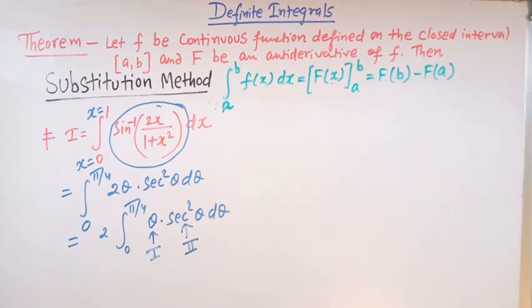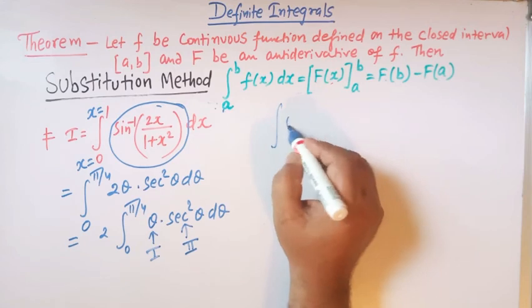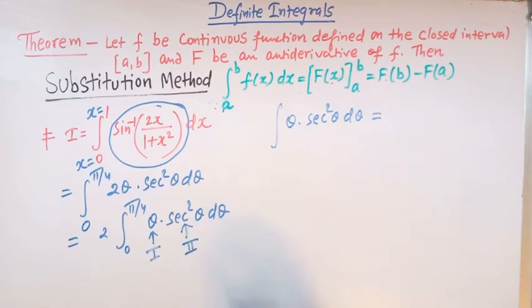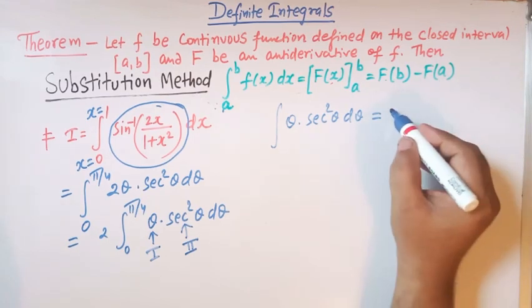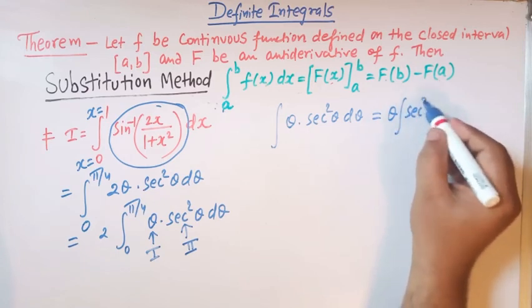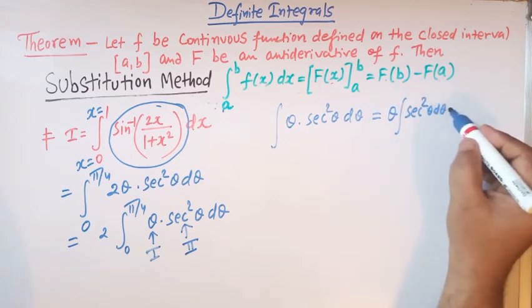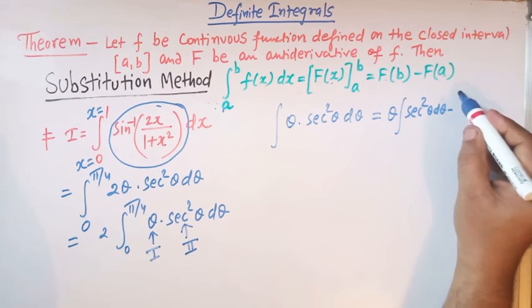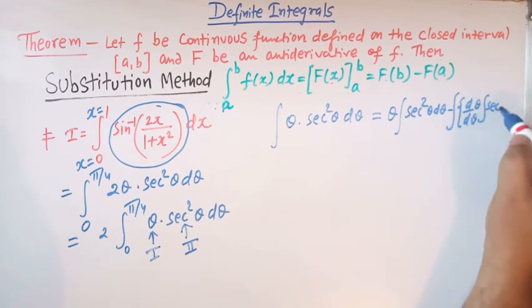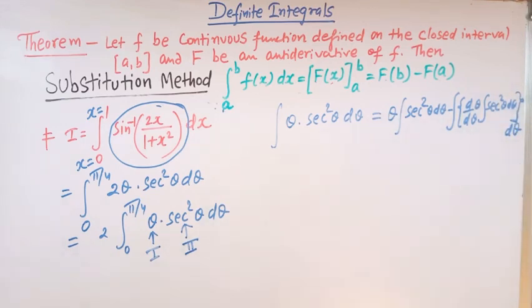So let us integrate it. So we have theta and sec square theta. So this can be written as: the first function is theta, so we have theta, then the integral of sec square theta d theta, minus the integral of the derivative of theta times the integral of sec square theta d theta, and then bracket closed, and here we have the d theta, right?